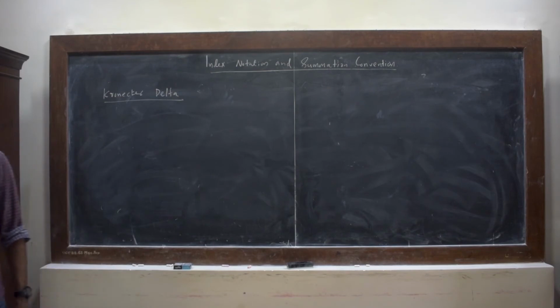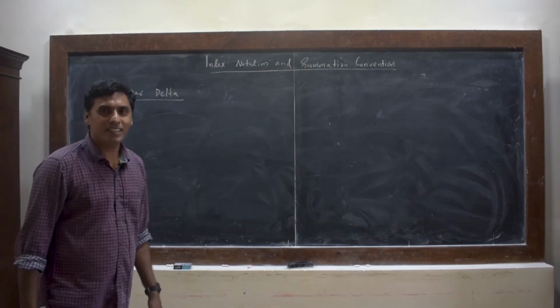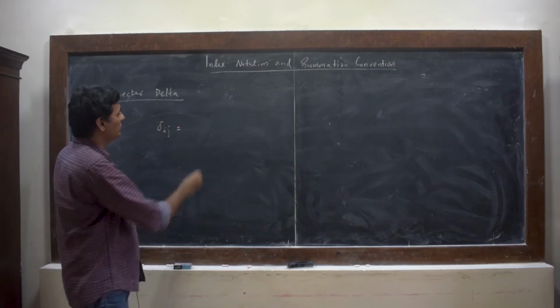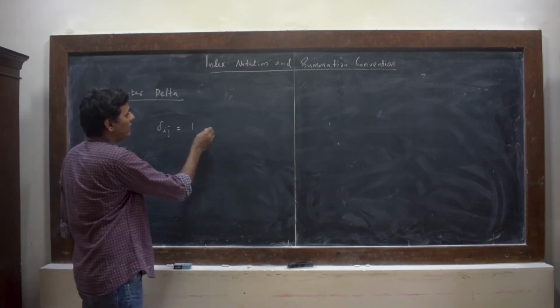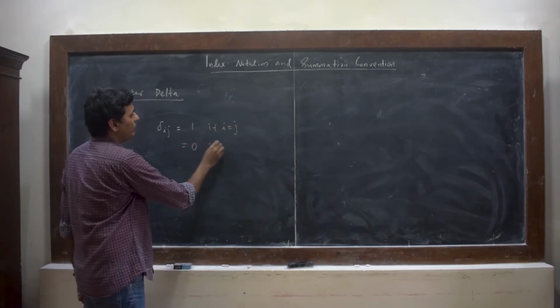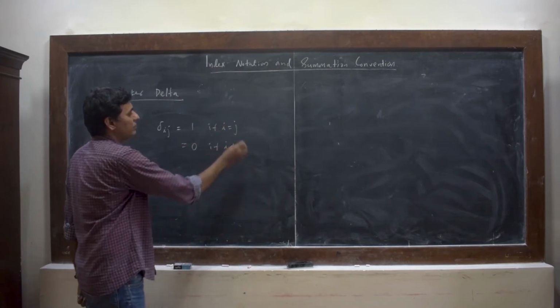I will define Kronecker delta ij, which is equal to 1 if i equals j, and equal to 0 if i is not equal to j.